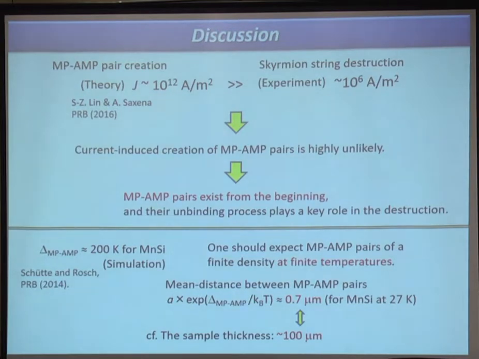In the simplest calculation, the mean distance between pairs is estimated to be 4.7 micrometers, whereas the thickness is about 100 micrometers. So each Skyrmion string is expected to contain about 100 topological units.